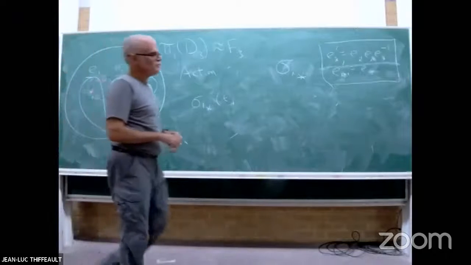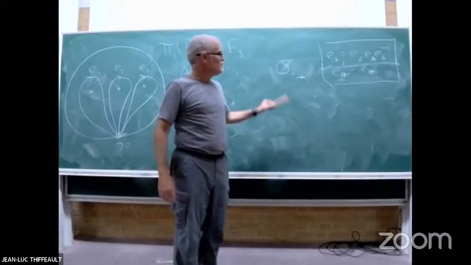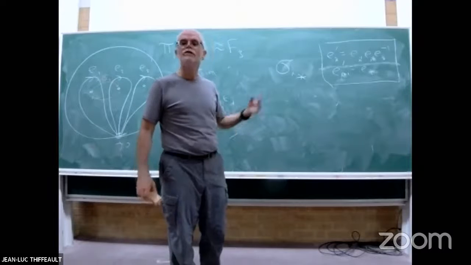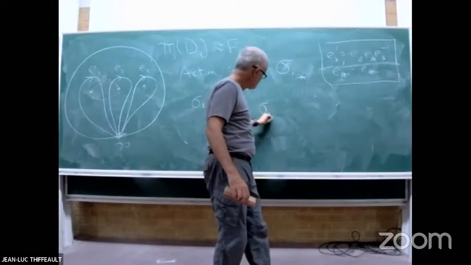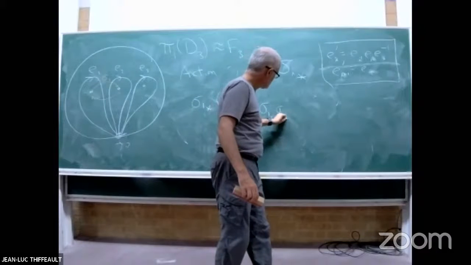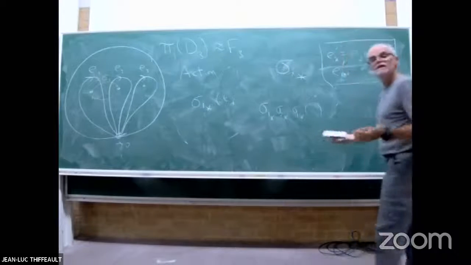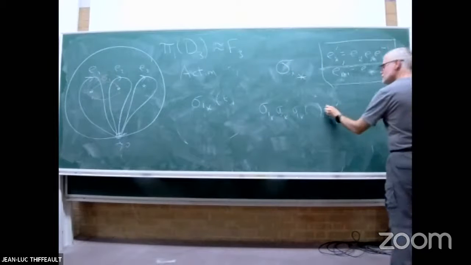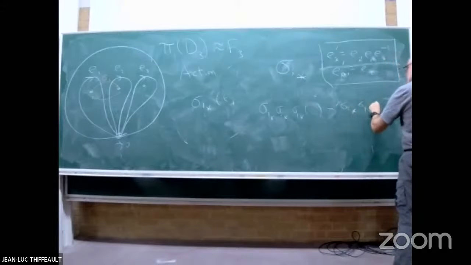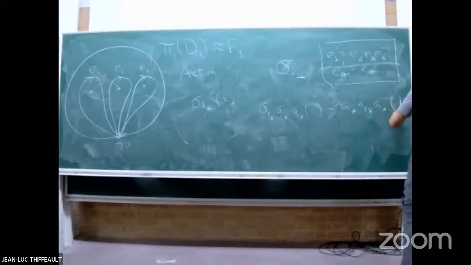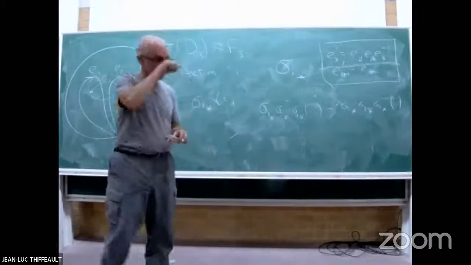Now, you can prove easily that this now satisfies all of the group relations. Meaning, for instance, sigma 1 star, sigma 2 star, sigma 1 star, acting on any free group element is equal to sigma 2 star, sigma 1 star, sigma 2 star, acting on the same free group element.